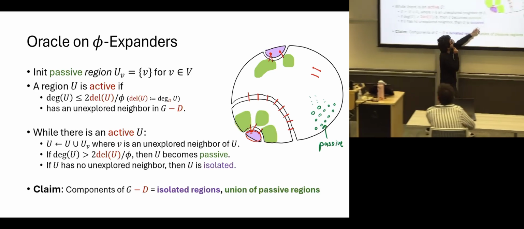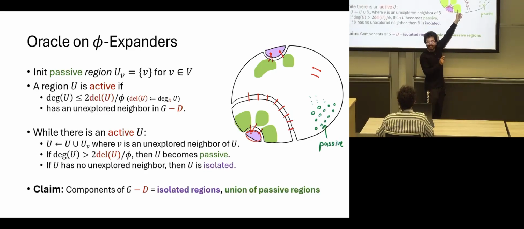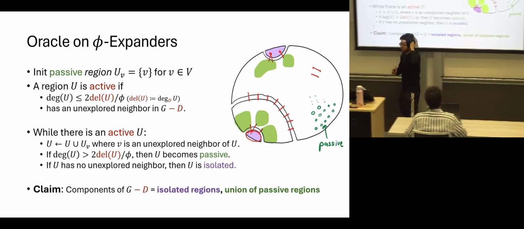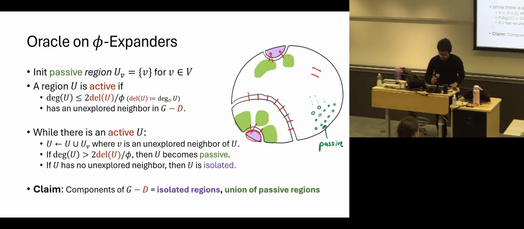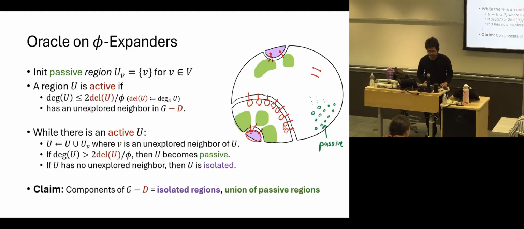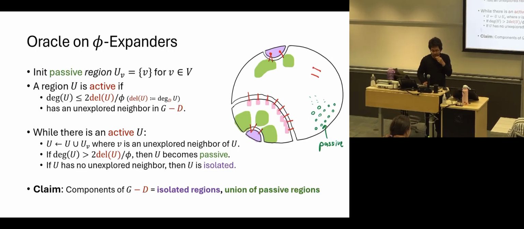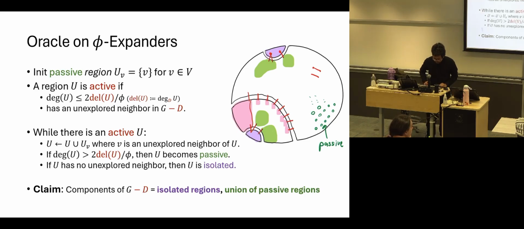So you can see that sometimes you know that this is actually disconnected, but at some point you might just say that this is passive. But you know that you will not finish, because each of these is active as well. So the algorithm will explore from each active node, and it will keep merging the active things. You explore from this one, and now it merged with this region.